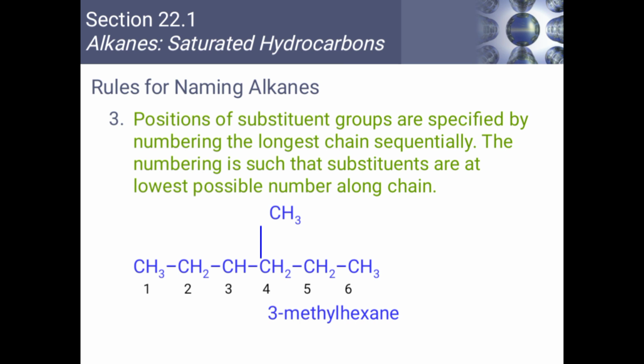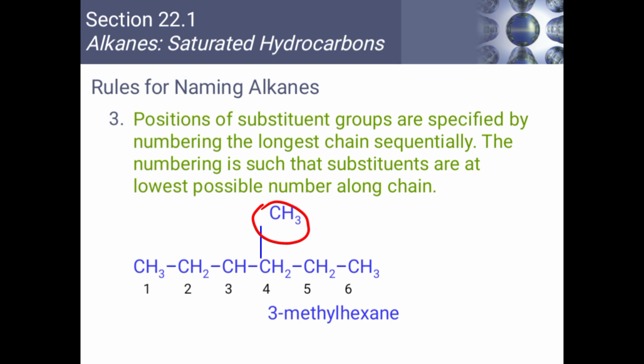So look at it, we have one substituent here, CH3, and CH3 of course is methyl. So now we have methyl at this position. So now how do we number the longest chain?